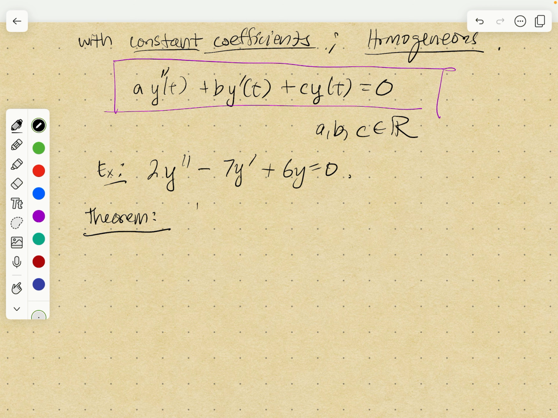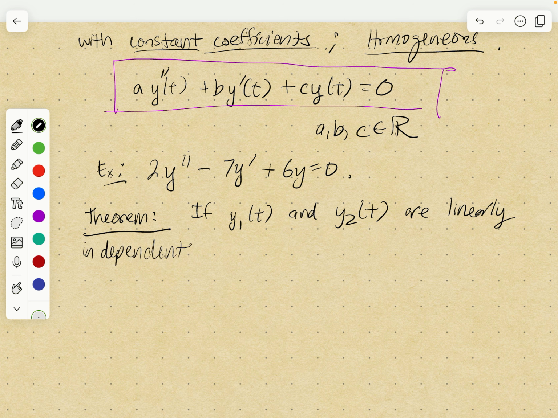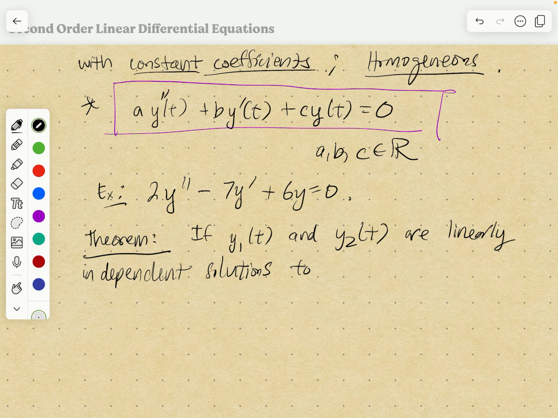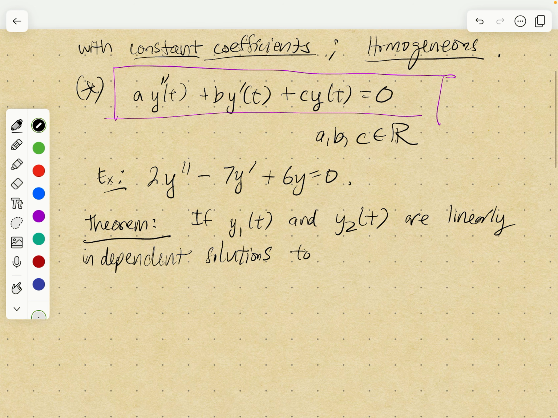So the theorem is, if y1 of t and y2 of t are two linearly independent solutions to this equation, which I'll just call star, the homogeneous second order linear differential equation with constant coefficients, then you actually know all the solutions.